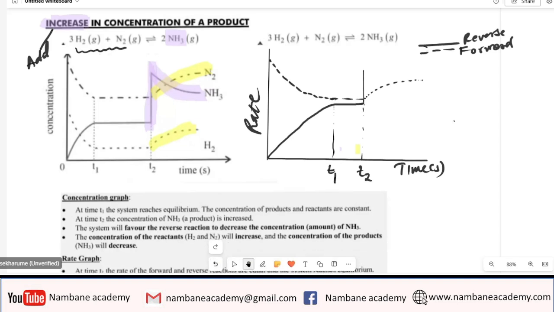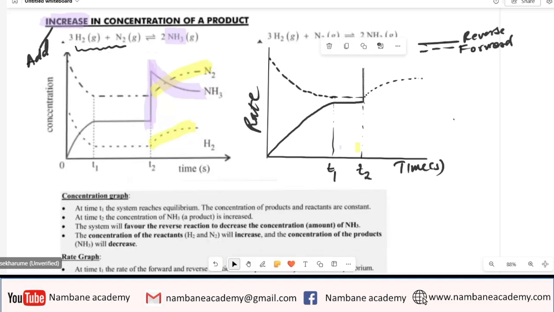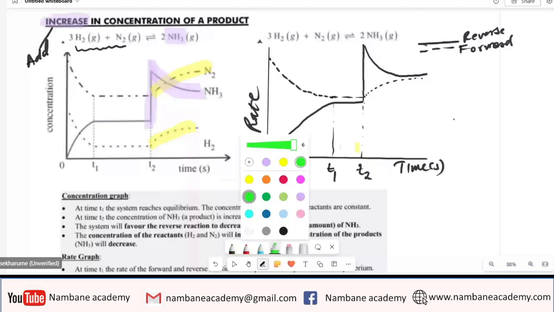Let me undo this one and draw it because it's a concentration. According to the Le Chatelier principle, I need to work on the disturbance. We need to be careful here, this is the interesting part.